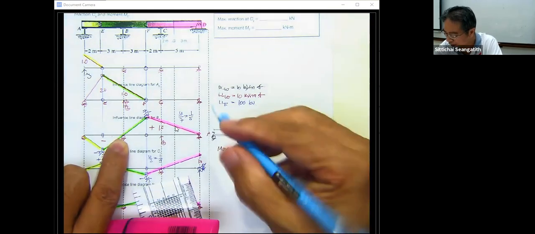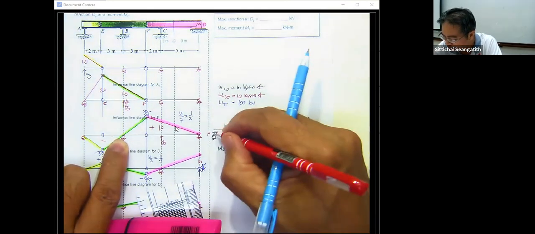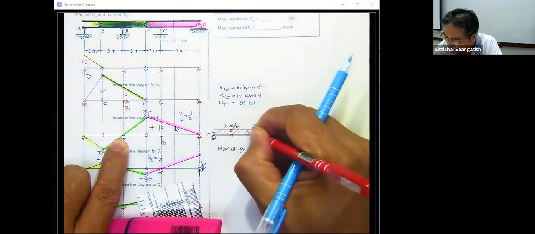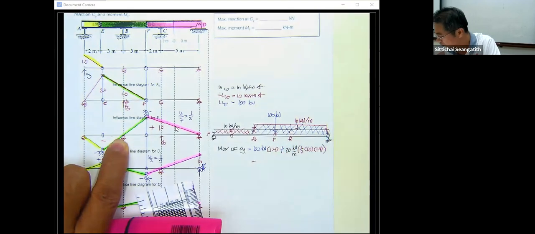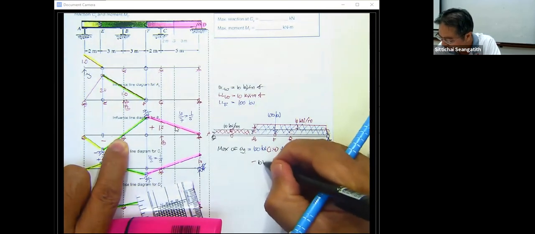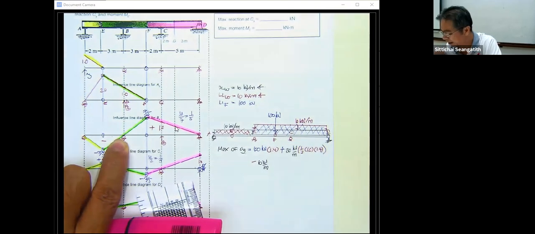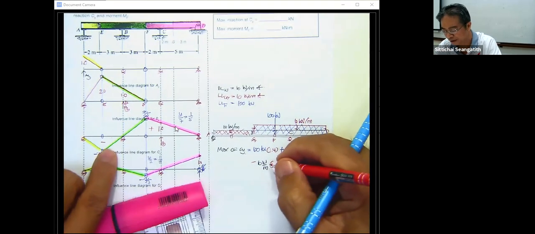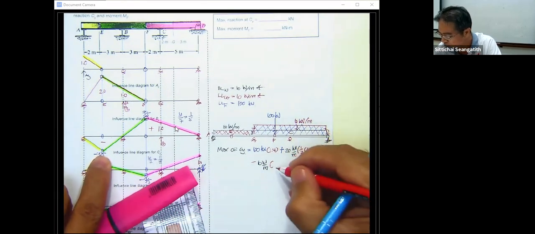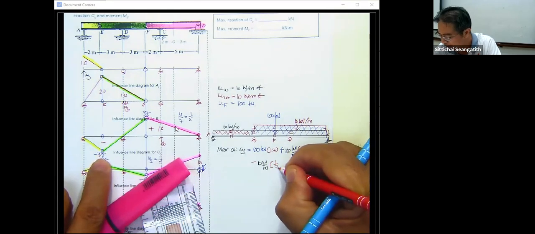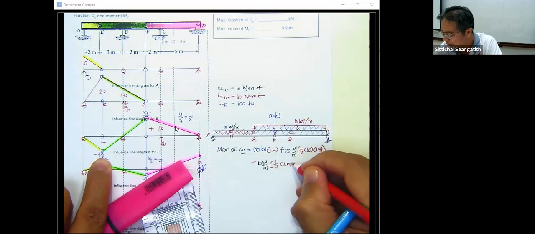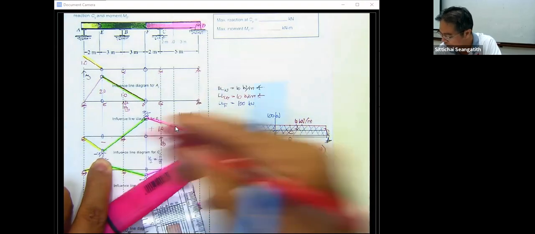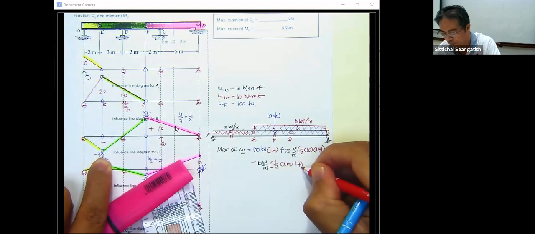Not enough. This portion is going to provide the negative effect to our C sub y. So minus what? This one 10 kilonewton per meter, and times this negative area, 1/2 of the length from here to here, 5 meter, and times this one for 1.4.